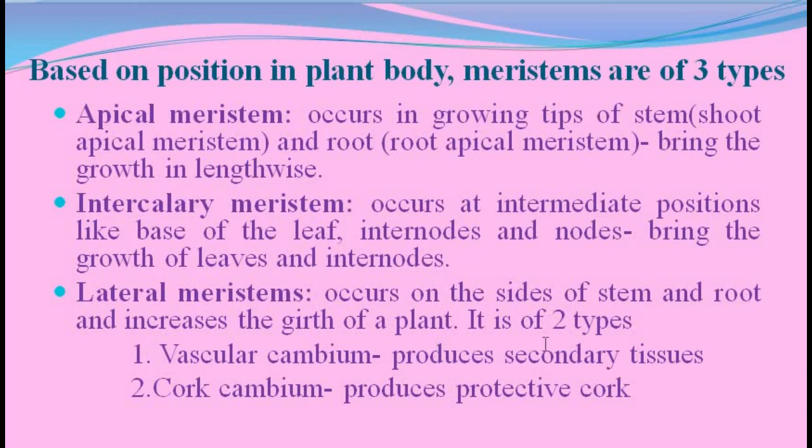The lateral meristem is of two types. First one is called vascular cambium, which is present at the vascular bundle, and it produces secondary tissues like secondary xylem and secondary phloem. The second type of lateral meristem is called the cork cambium, which produces the protective cork during the secondary growth in plants.